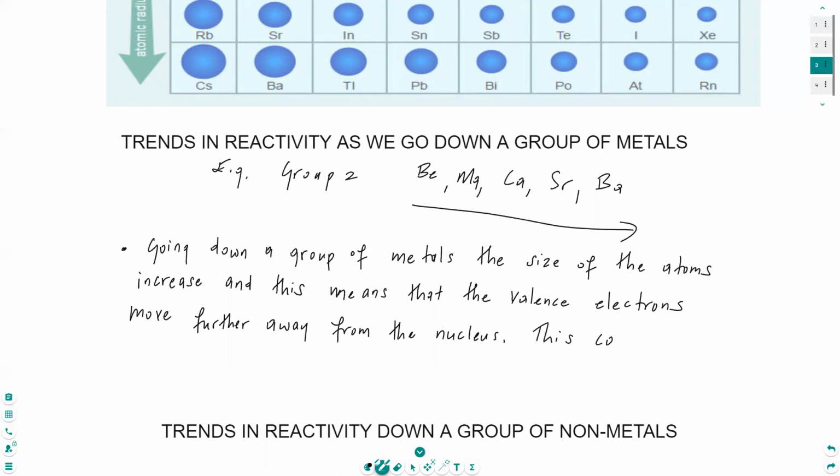This causes an increase in the reactivity of metals as we go down the group.